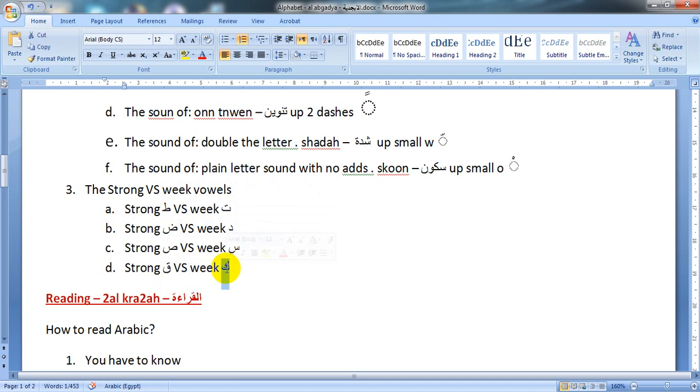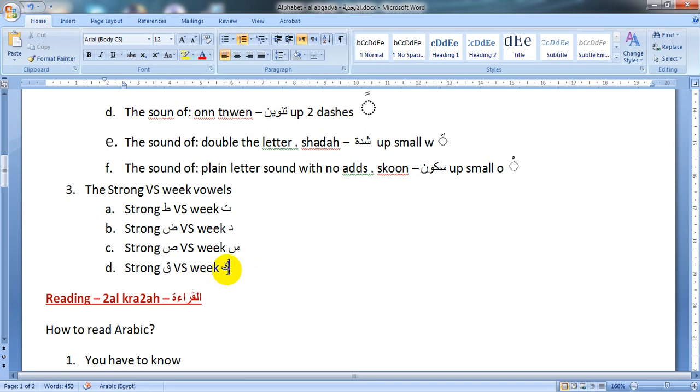Those letters share almost the same sound, but some are strong and some are weak. So qaf is the strong of kaf. It's very easily confused, but if you practice them well, it will be very easy to notice as well.